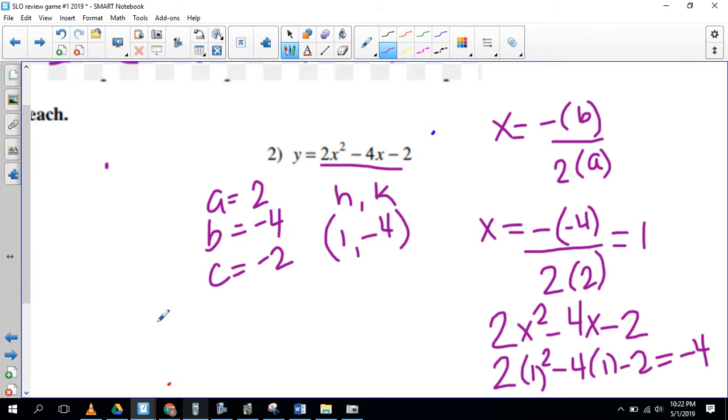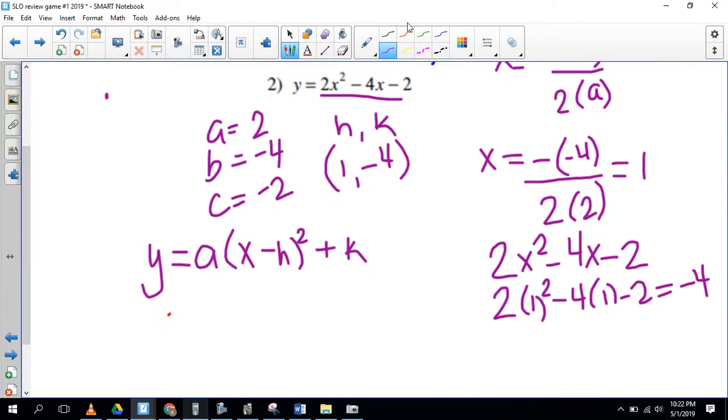So we come back to our formula. Y equals a parentheses x minus h squared plus k. And then we're going to plug in for our a, our h, and our k. So if you look here, we had an a of 2.